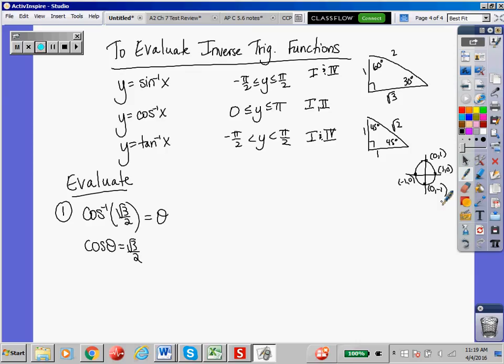Well, when it's positive, it's first quadrant. If it would happen to be a negative here, like negative radical 3 over 2, I'm second quadrant. So, since it's positive, this is 30 degrees. And we do these in radians, so we'll just do a quick conversion that that's pi over 6.